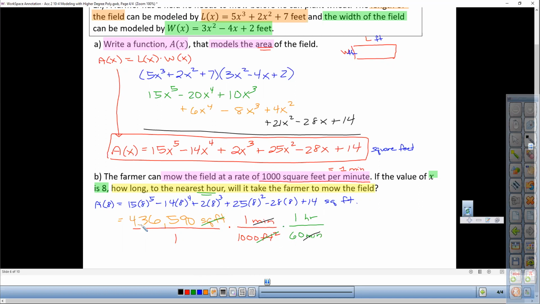And my math tells me to take my 436,590, divide by 1,000, and divide by 60, since they're both in the denominator. So I have to divide by 1,000 and divide by 60. That's crucial. So let's do that.